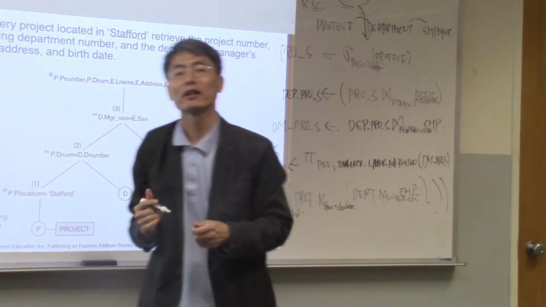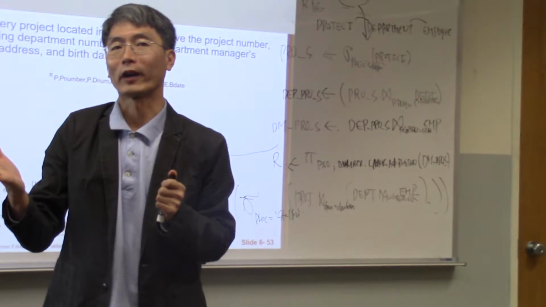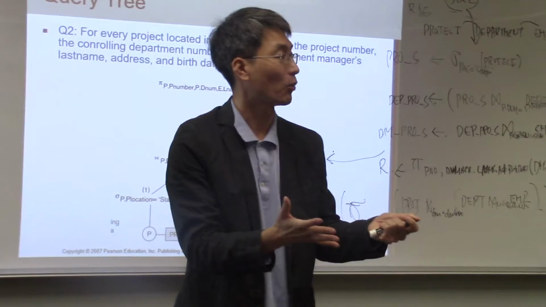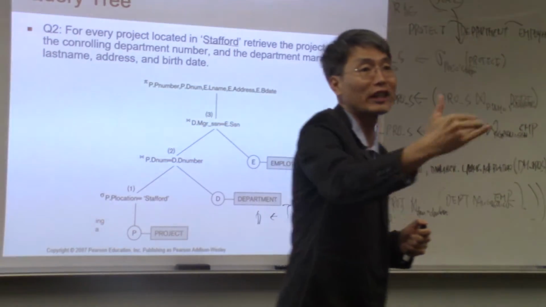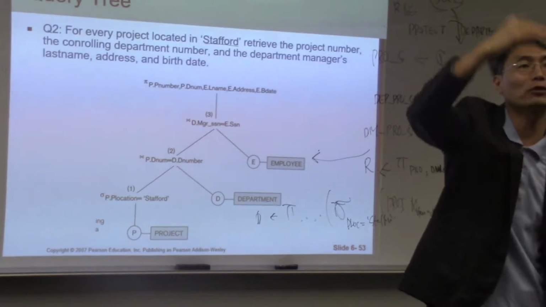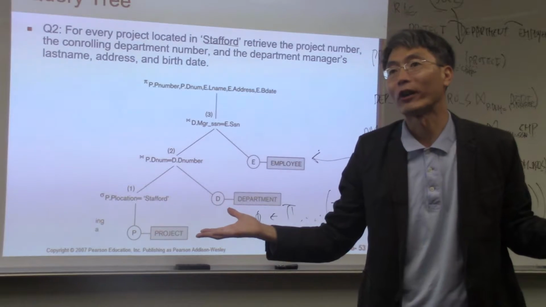Because of that, what is relational algebra good for? Query processing. Why? Because relational algebra shows how to access the data. It's kind of like your schedule or plan for traveling somewhere.